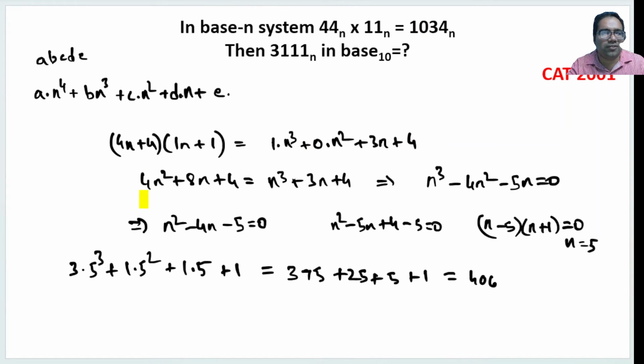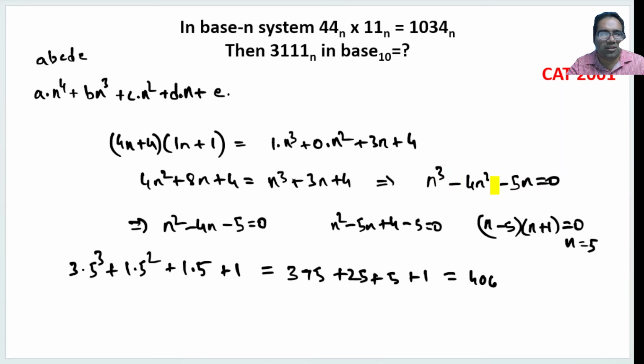Now, if we just expand this, 4n square plus 8n plus 4 equals n cube plus 0 n square plus 3n plus 4, which is all what is already given. The 0 n square we can remove, leaving n cube plus 3n plus 4. Then this 4 and this 4 we can cancel, and we are left with n cube plus 3n minus 8n, which is minus 5n. This 4n square we can bring to the right, as minus 4n square.